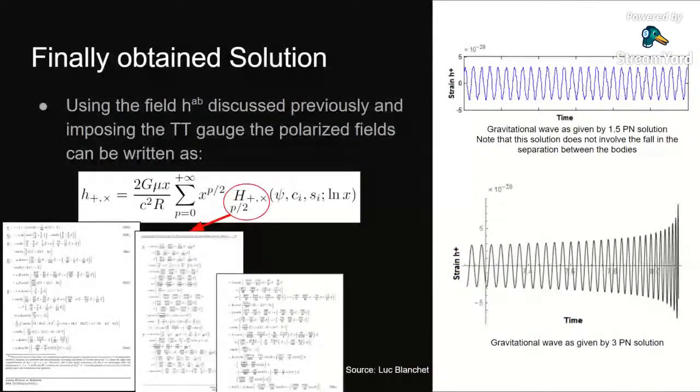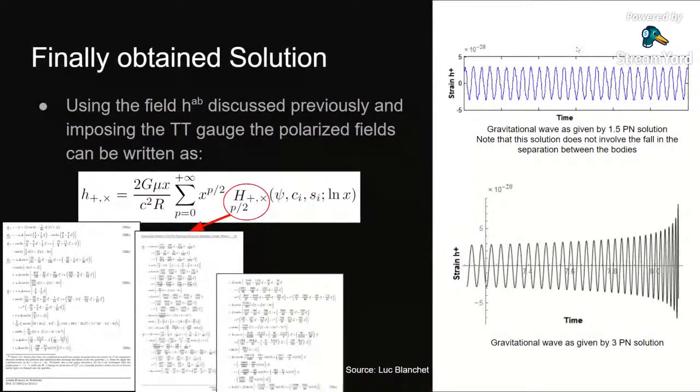So the first plot that we see over here is of the gravitational wave from a system where the distance between the two bodies does not drop. Then we have this particular wave.